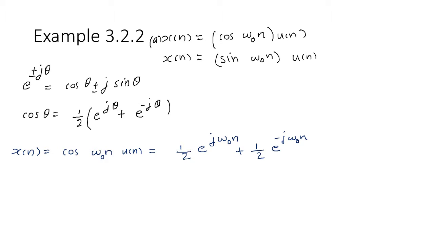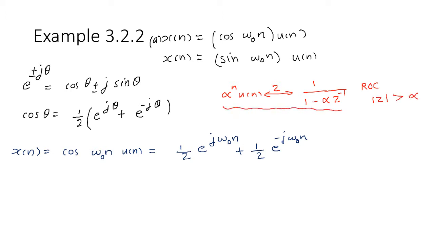Now we already had the result of Z transform: alpha raised to n u of n gives 1 by 1 minus alpha Z inverse with the region of convergence as mod Z greater than mod alpha. So we make use of this here also. I have to find the Z transform of this signal, cos omega 0 n, so basically I have to find X of z.